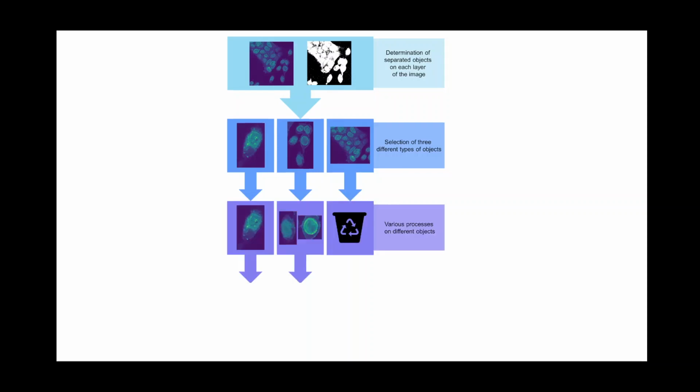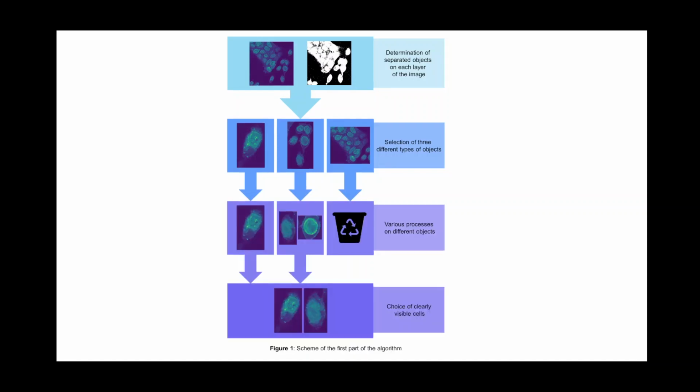Usually all of those types of objects are present in one 3D image. Depending on the type of object, we needed to perform various processes which led to obtaining the dataset with clearly visible cells extracted from an image. And in this step, the most important information was carried by the blue and red channels.